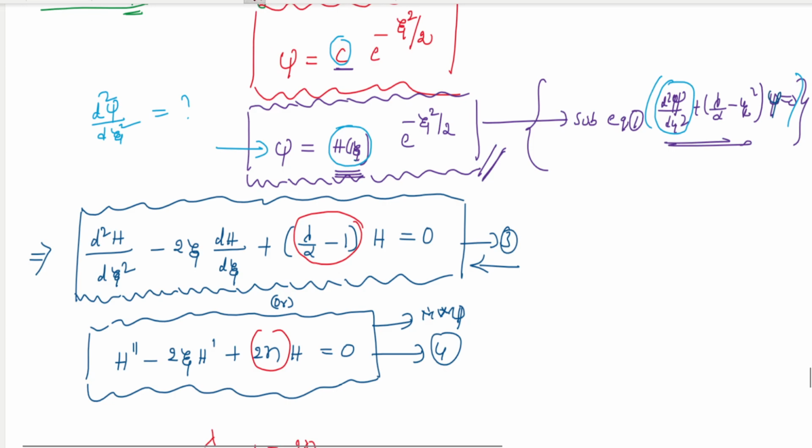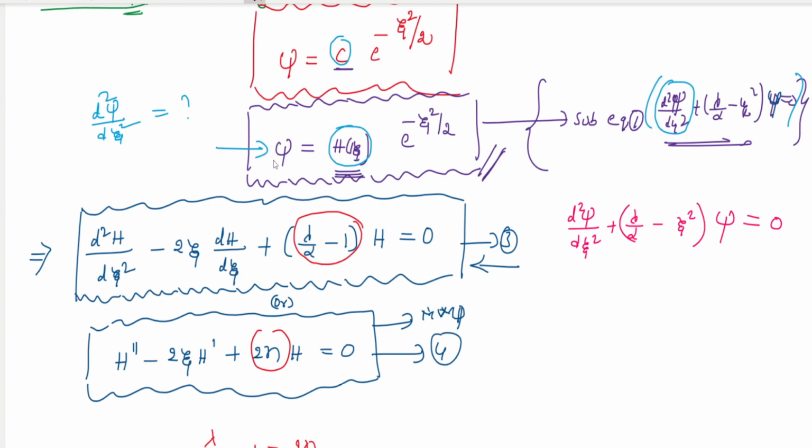Okay, so I'm going to write this equation: d square psi by d xi square plus lambda divided by alpha minus xi square into wave function psi equal to 0.